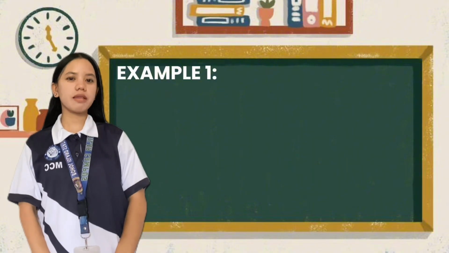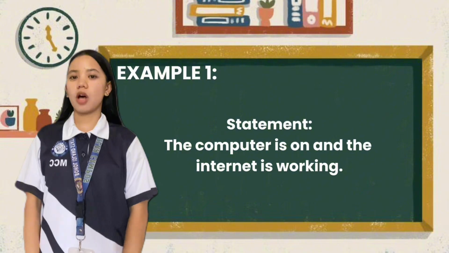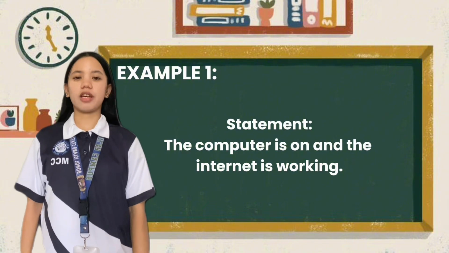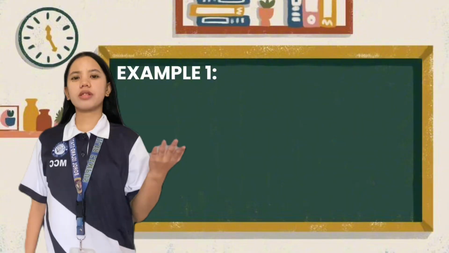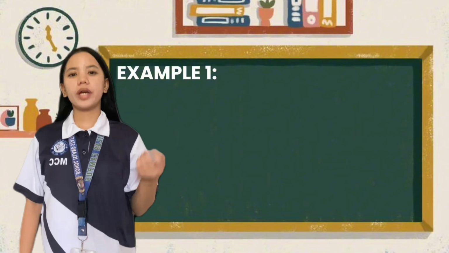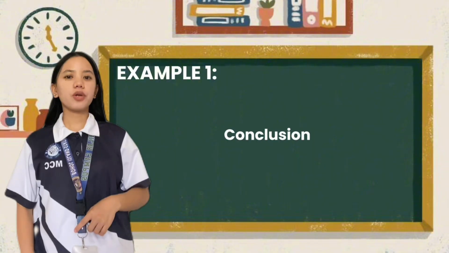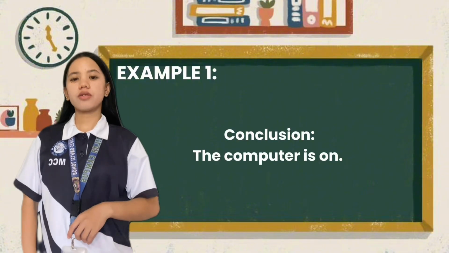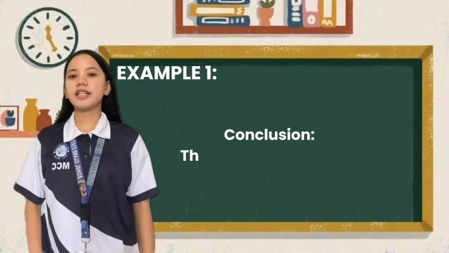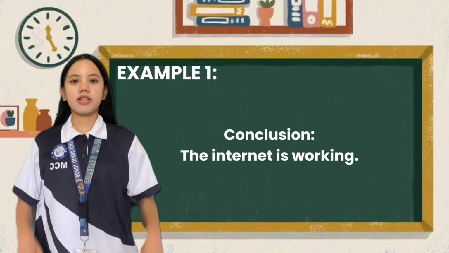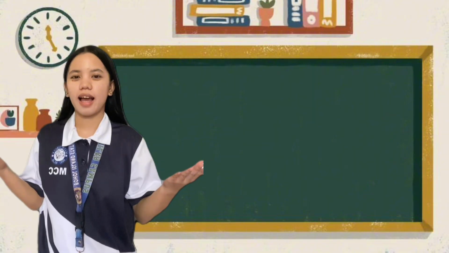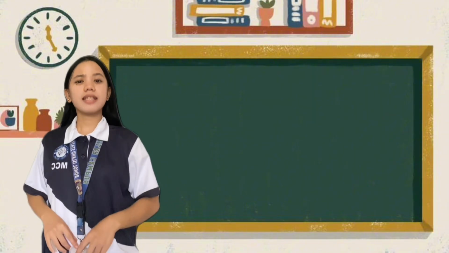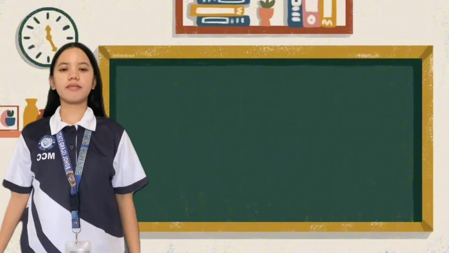Suppose we have a statement, the computer is on and the internet is working. So using simplification, we can conclude that the computer is on, and we can also conclude that the internet is working. So do you understand? That's good. Now let's have another example.